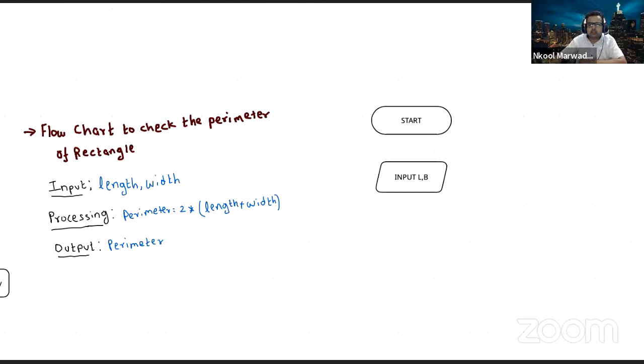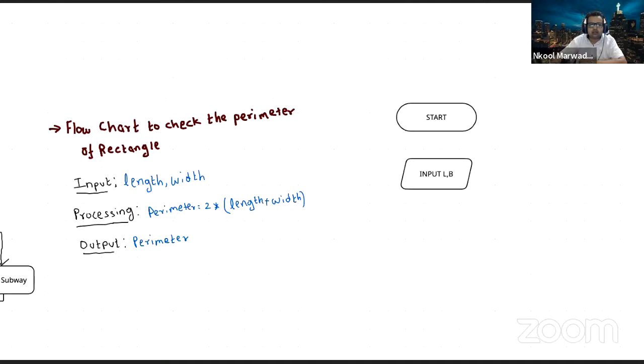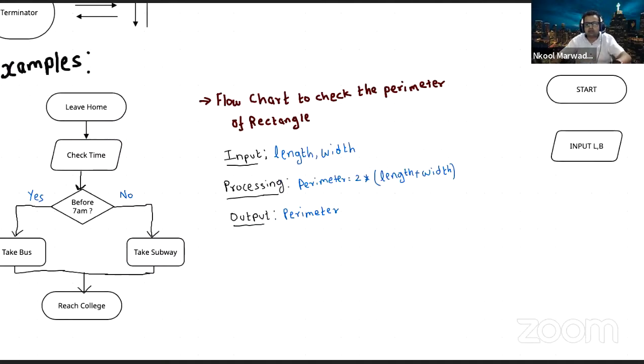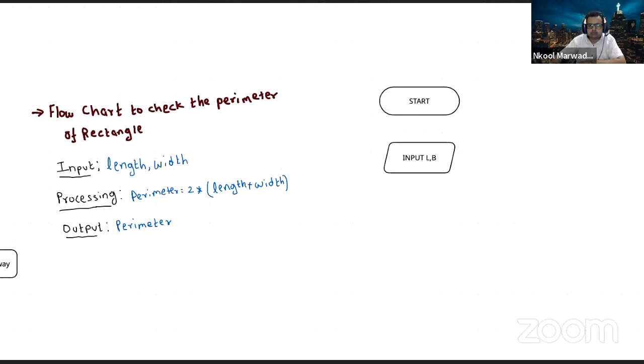For processing, I know the symbol is this rectangle. And here the processing is directly just applying the formula. What is the formula?